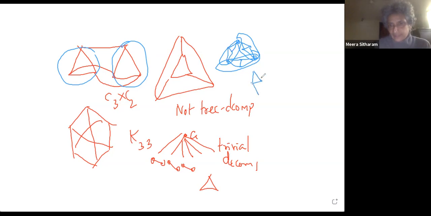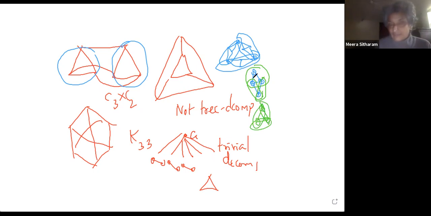Then you can split them up into these 3 parts, that part and that part, and now these 2 parts are already at the base case, which are edges. Now you've got that one, so you've just got the triangle, and then the triangle is clearly 3 parts. So there are all kinds of graphs that are 3D composable.